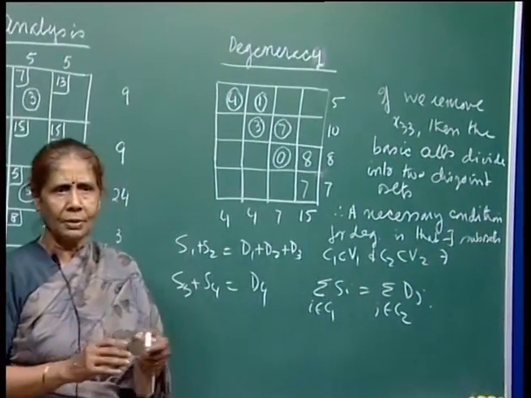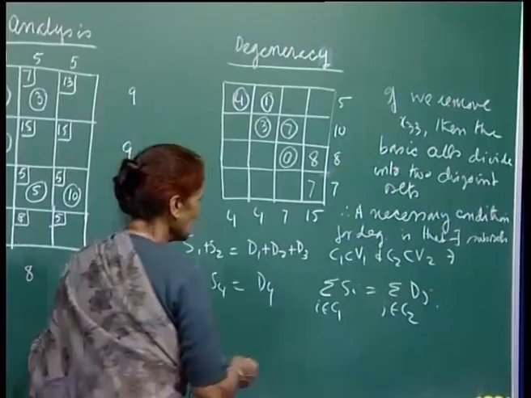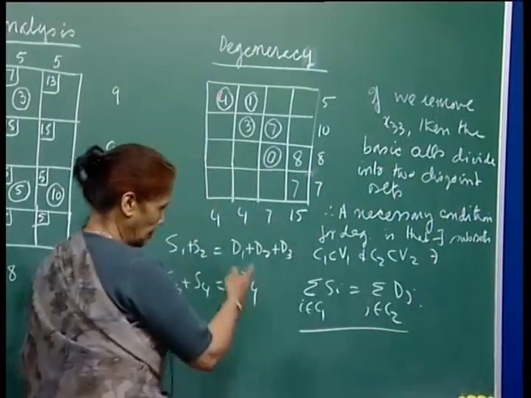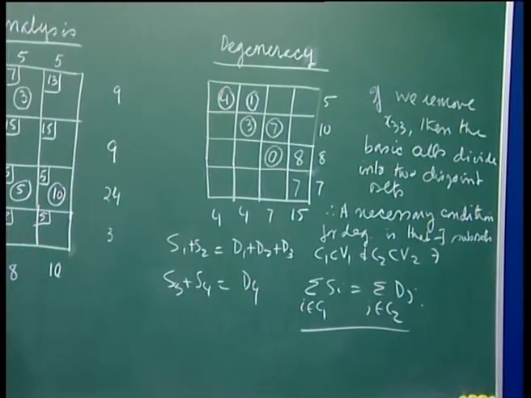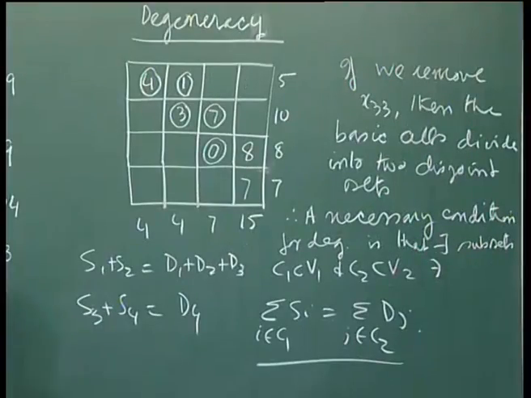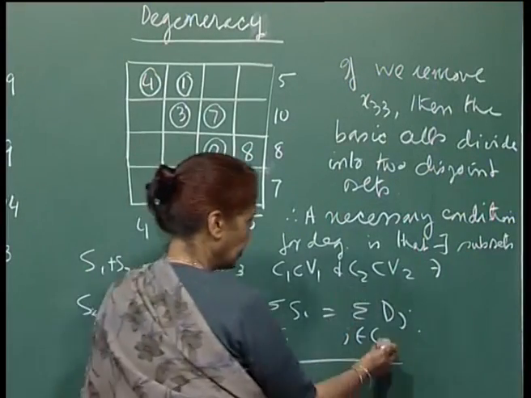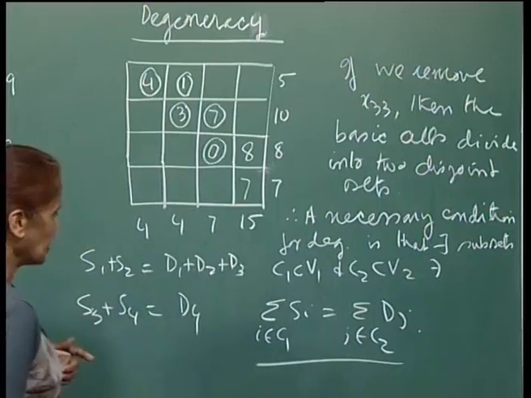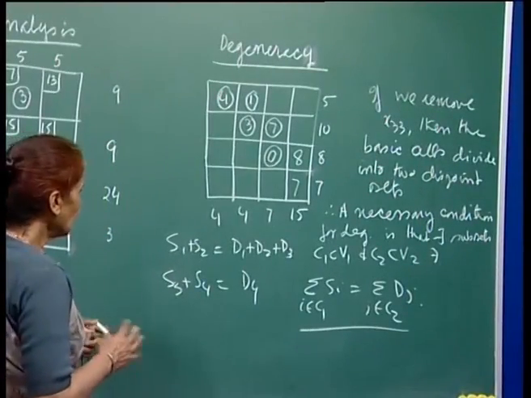The logic is simple. Whenever this condition is satisfied, and of course one can also prove that this is a sufficient condition, it can be shown that this is a necessary and sufficient condition for degeneracy.